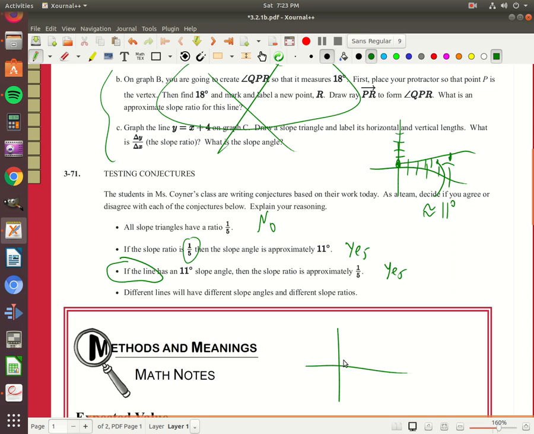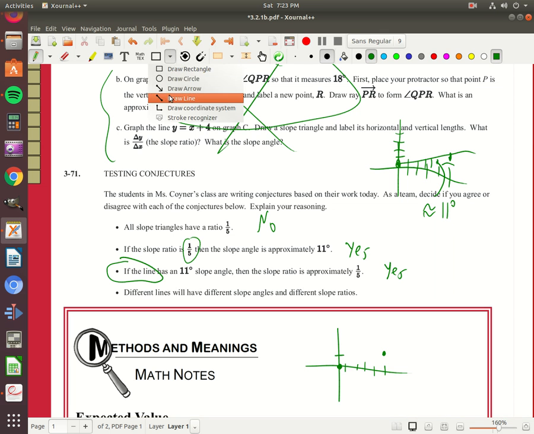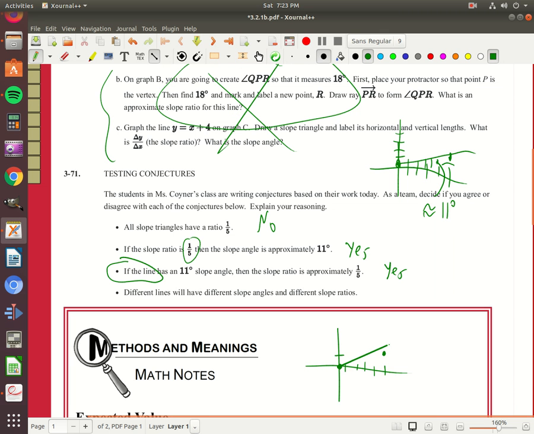If you can get this point, I think the video is worth it. I'll say that again: if you start at a point and go up 1 and over 5 and connect those lines, you have basically made yourself an angle that is approximately 11 degrees.